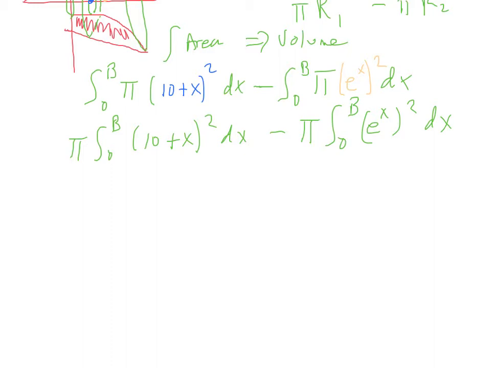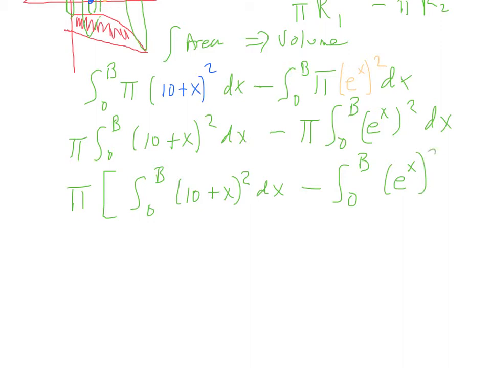Now if we think about just taking pi and factoring it out from both of these integrals, I can do that as well. Okay. Now, since these integrals have the same limits, I can actually put them into one integral. And I can say I have to take the first integral, square it, and subtract off the second integral.